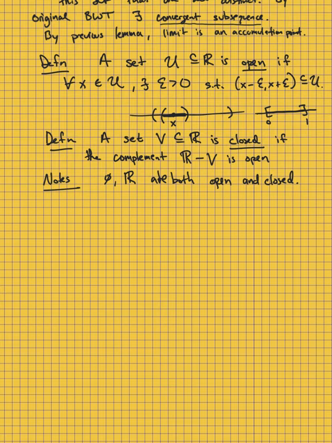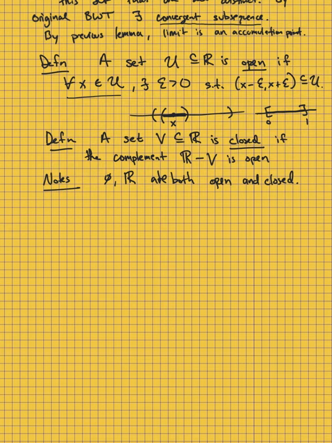R is certainly open, straight from the definition, and the empty set is open because the thing that you have to check is vacuous. So they turn out to be the only subsets of R which are both open and closed. These are just cases that you have to worry about.